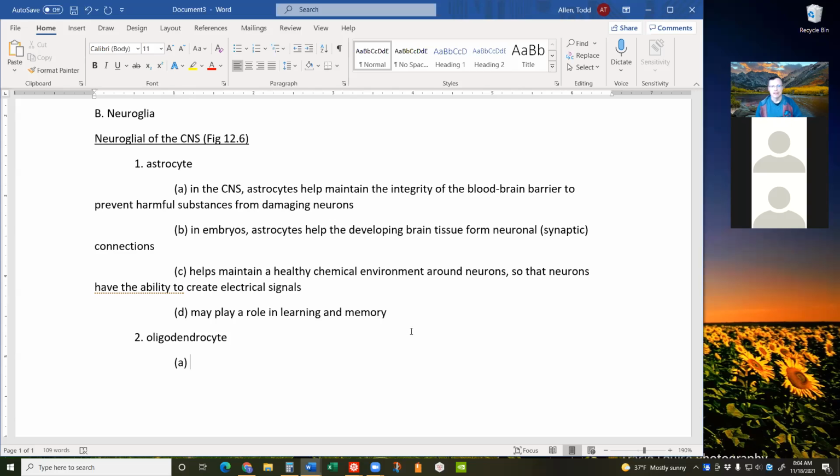At any rate, the oligodendrocyte is the glial cell in the central nervous system that forms and maintains myelin sheath.